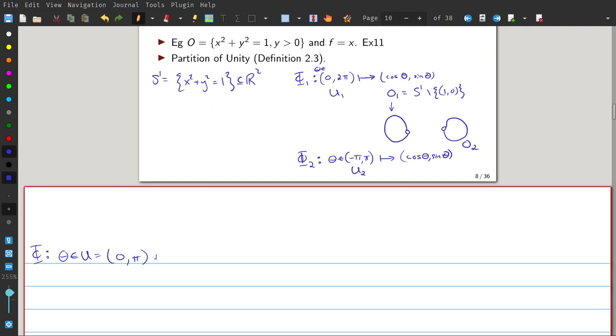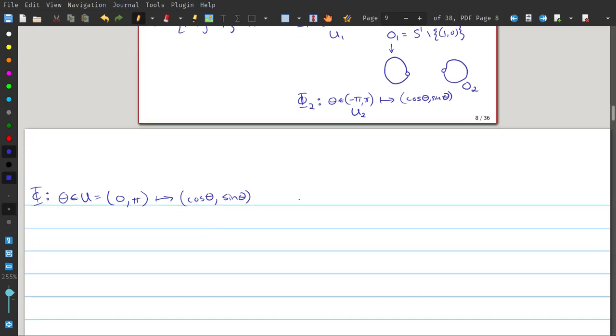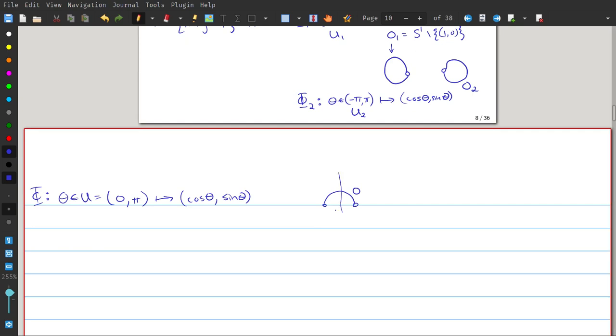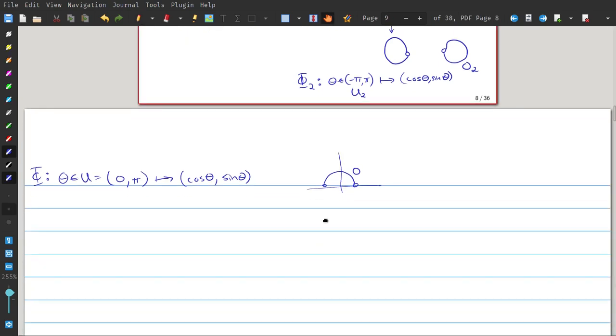Using the standard parameterization of the circle, it's given by this formula. So that covers everything here in O, in the plane.